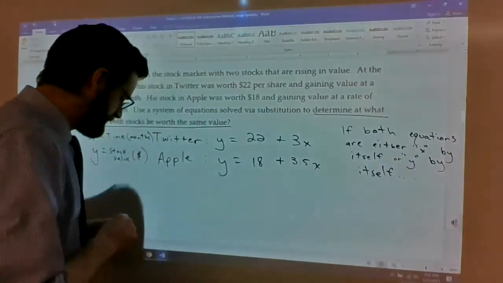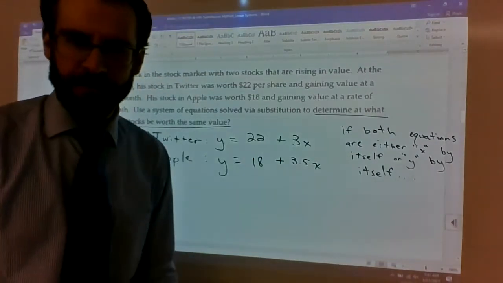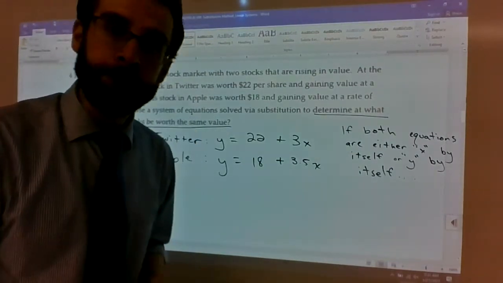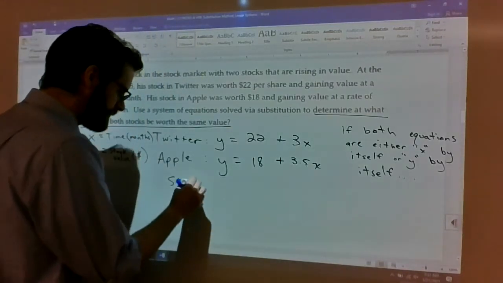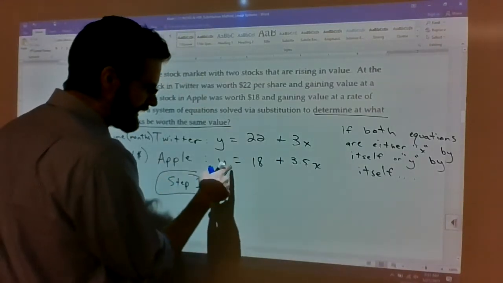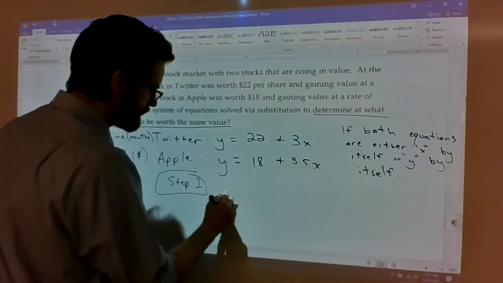Well, think of it like this. Step 1, pick one of the equations. Eeny, meeny, miny, you.